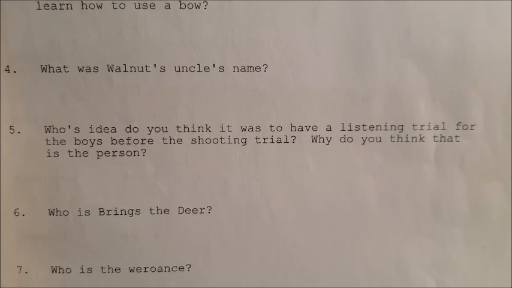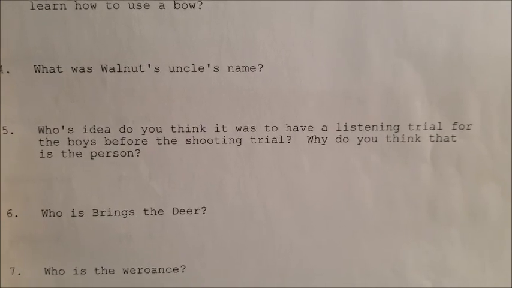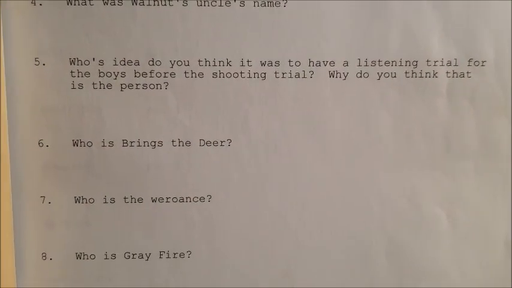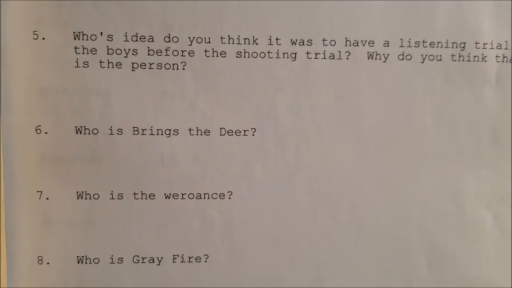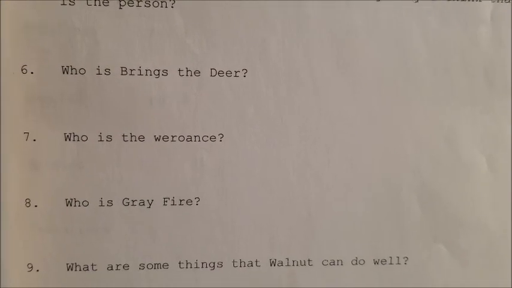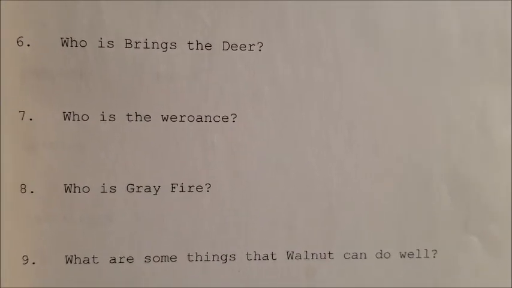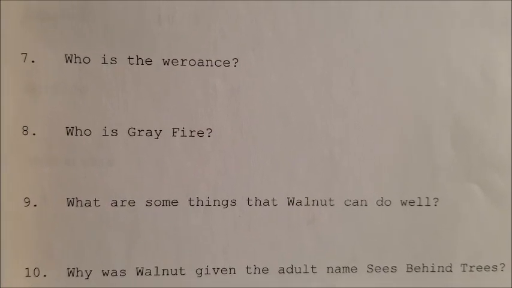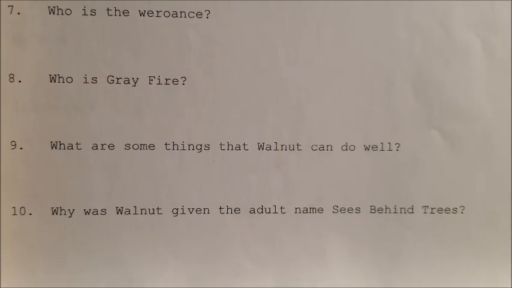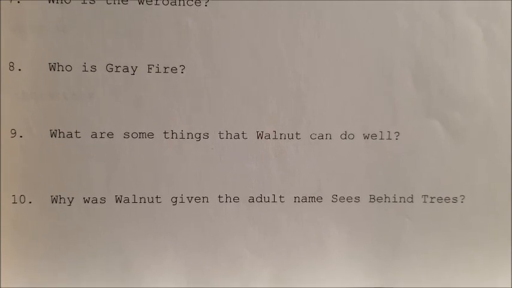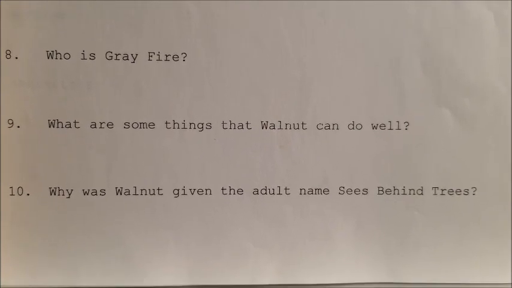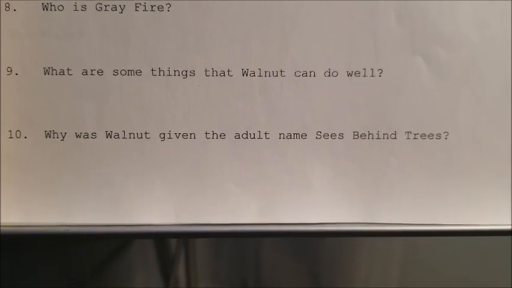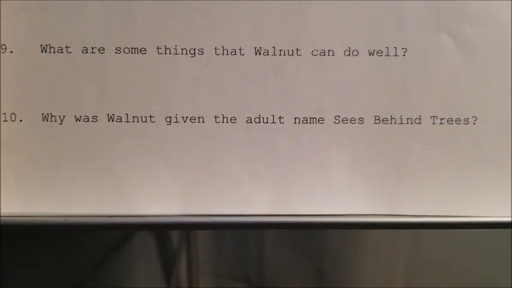Why do you think that is the person? We need to talk about that one. That's a good one. We'll have a little debate on that. Who brings the deer? We talked about that today. We didn't talk about this. Who are the werewolves? Who is Grayfire? What are some things that Walnut can do well? Why was Walnut given the adult name Seeds Behind Trees?